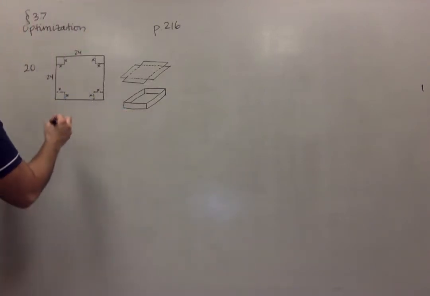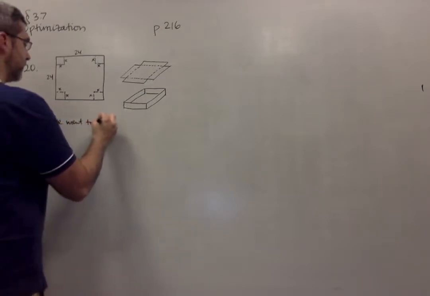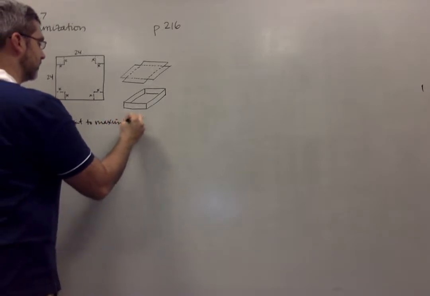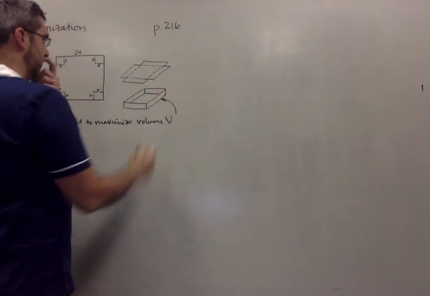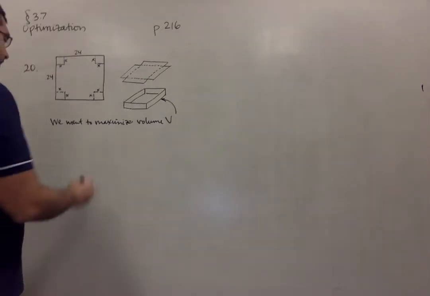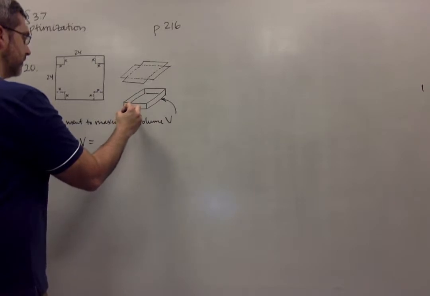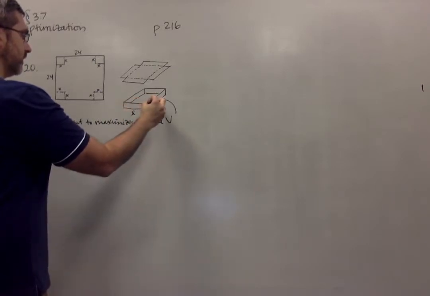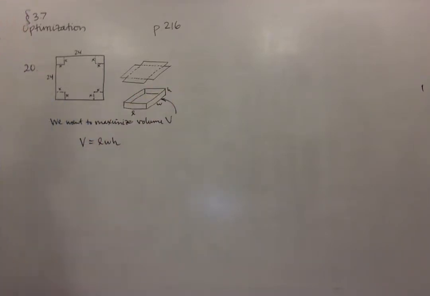So the first thing I'm going to write down is we want to maximize the volume of that box right there. All right, and the volume of a box is the length times the width times the height. So length times width times height. Now obviously the length, the width, and the height are all going to be related to x in some way, so we're going to fill this in.